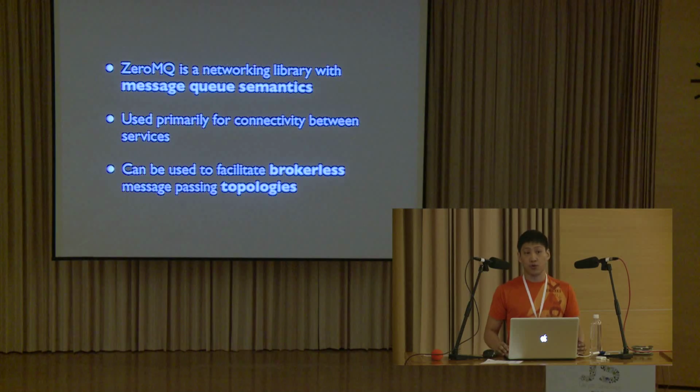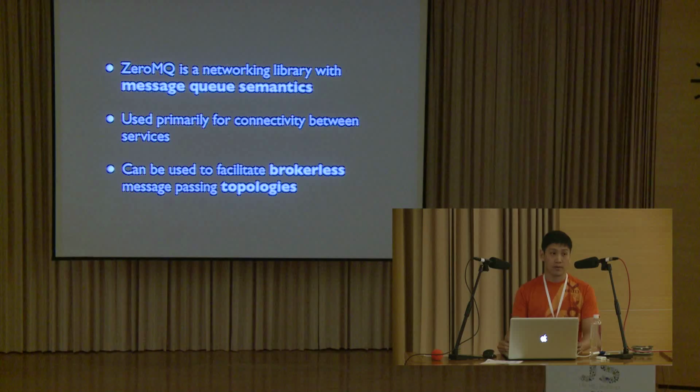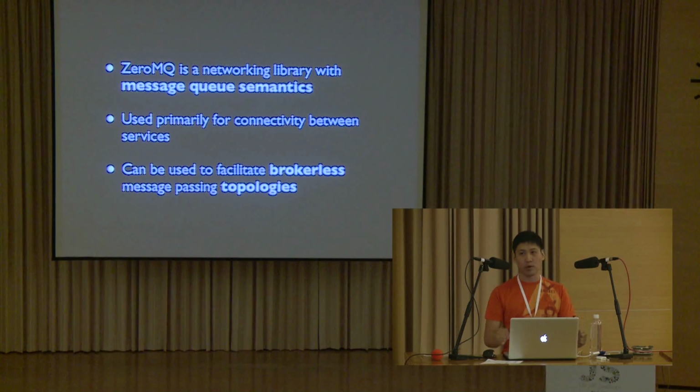Whenever we talk about message queue, we always have two ways of categorizing them. Do we have a broker, or do we not have a broker for a message queue? RabbitMQ is a message queue that has a broker. In fact, most message queues, when you say a message queue, you indirectly need a broker. You can use that somewhat as a message queue, but still, it has a broker.